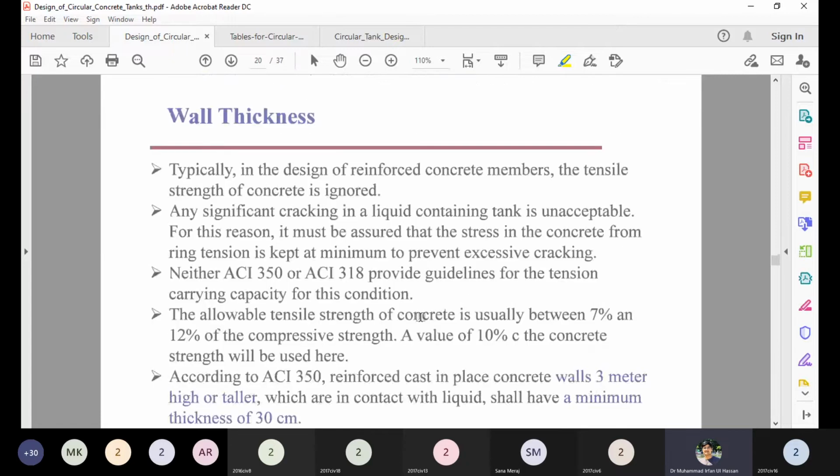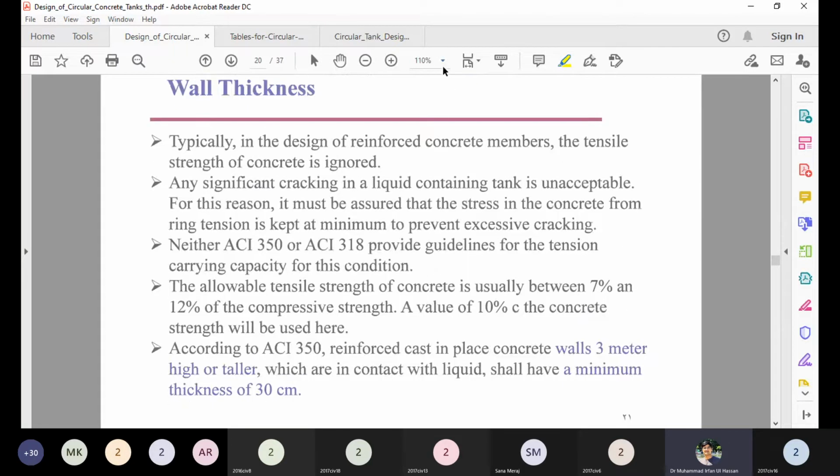Now when you are computing the wall thickness of the tank, that is one of the important steps: how to compute the wall thickness. And as I have told you already, the wall thickness will be computed by using the allowable stress design method. And this is not a straight wall but a circular wall, so you can take it as a segment of the wall.